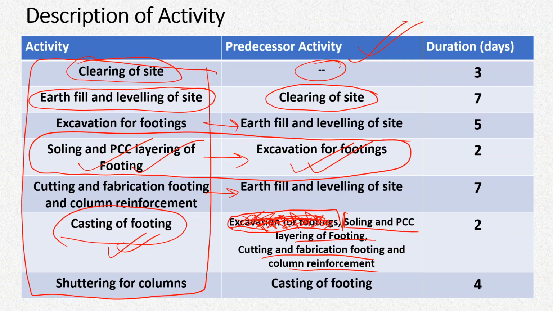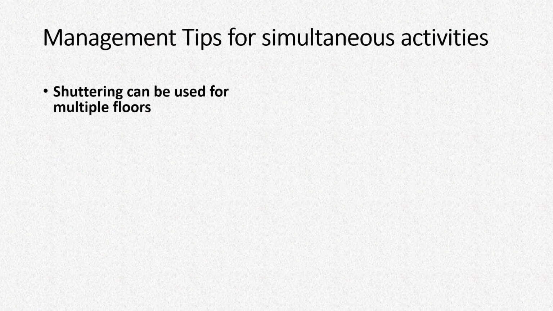For example, if we are dealing with a multi-story building, then shuttering works for the slabs can be used for multiple floors, and generally many contractors do not have their own shuttering, so they bring it on rent.